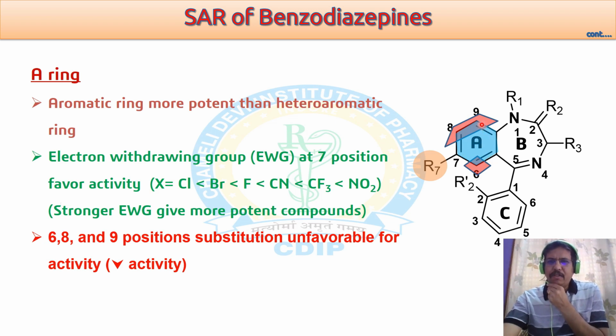Then if you look at the A ring substitution, that is the 7 position as well as 6, 8 and 9. But I already told that the 6, 8 and 9 positions are unfavorable for activity.